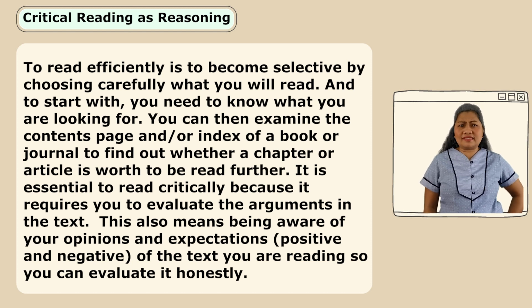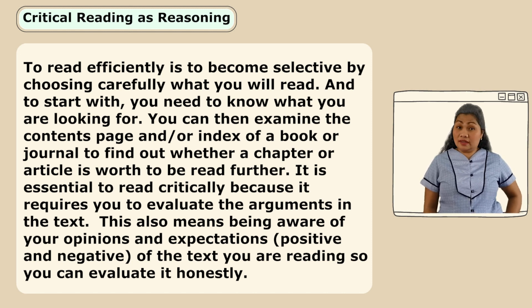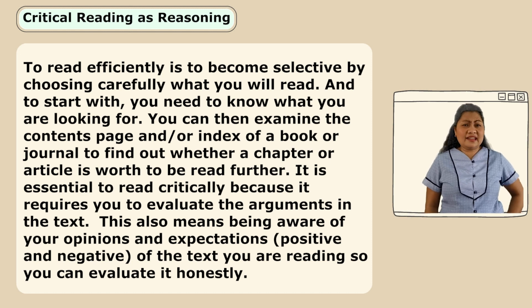You can then examine the contents page or index of a book or journal to find out whether a chapter or article is worth reading further. It is essential to read critically because it requires you to evaluate the arguments in the text. This also means being aware of your opinions and expectations, positive and negative, of the text you are reading, so you can evaluate it honestly.